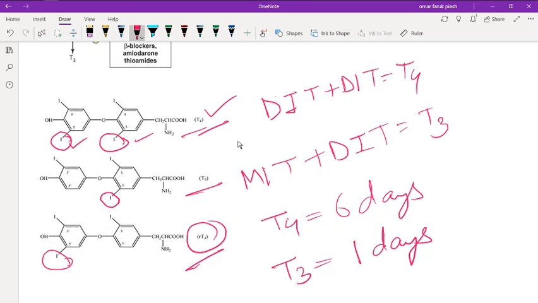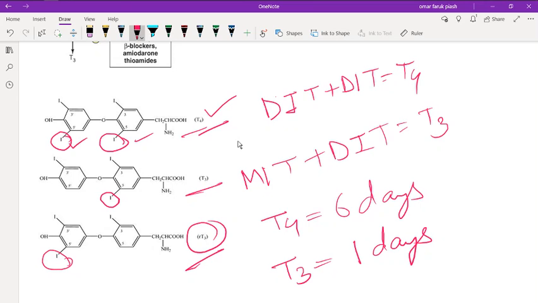So if you give a person levothyroxine, it will take at least a week to show some response, and you have to make that person aware that this thyroid drug has a half-life of about 6 days, and to show some response you need at least 6 days after giving the drug.